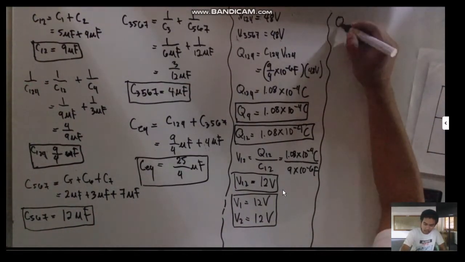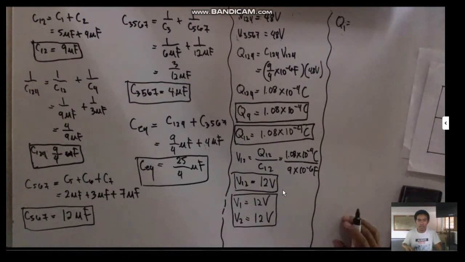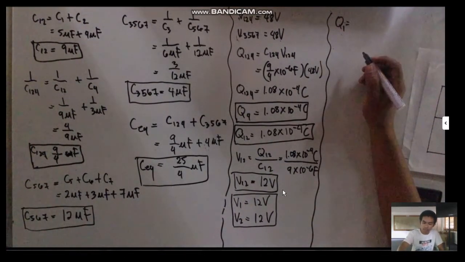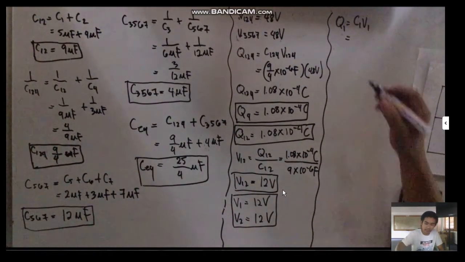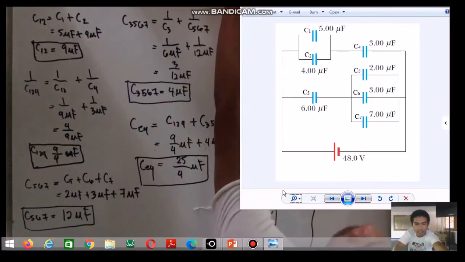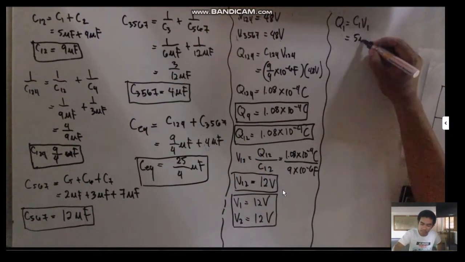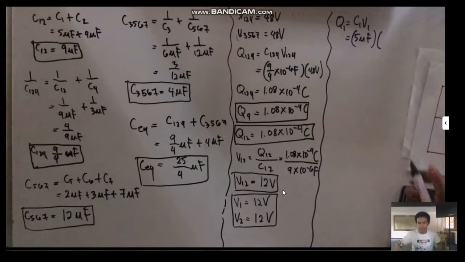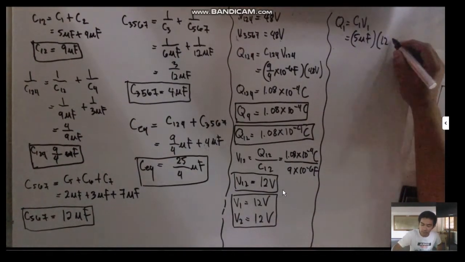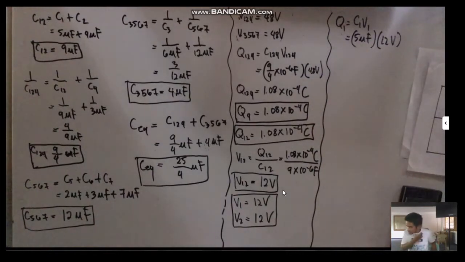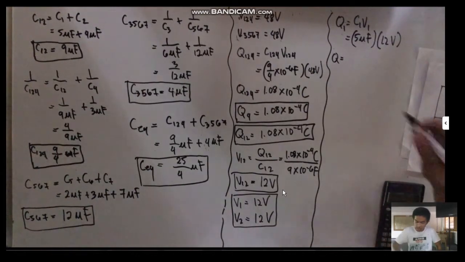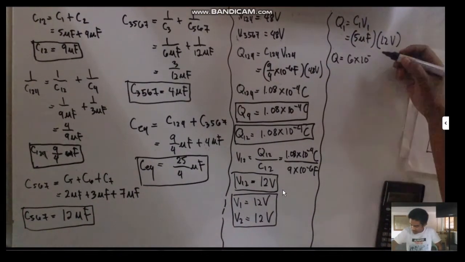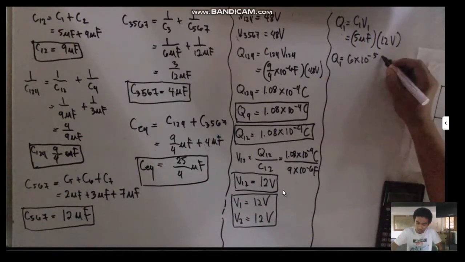So Q1, what is Q1? Q1 is C1 times V1. What is C1? C1 is 5 microfarad. So this is 5 microfarad, or 5 times 10 to negative 6 farad, multiplied by the voltage across 1, which is 12 volts. Then Q1 is 6 times 10 to negative 5 coulomb.